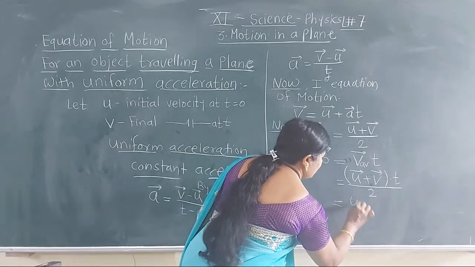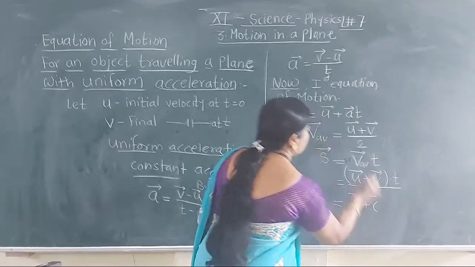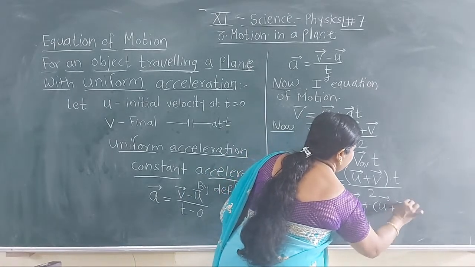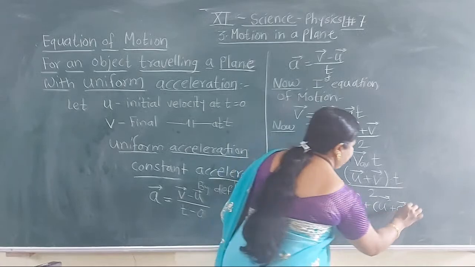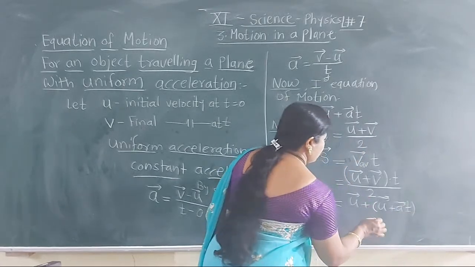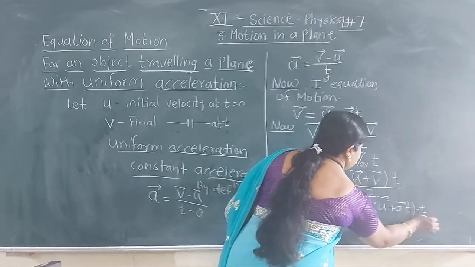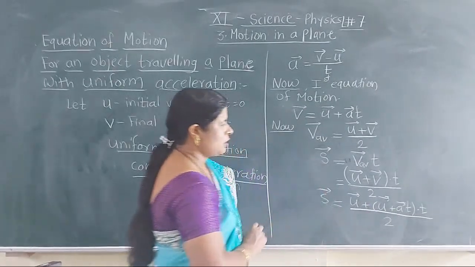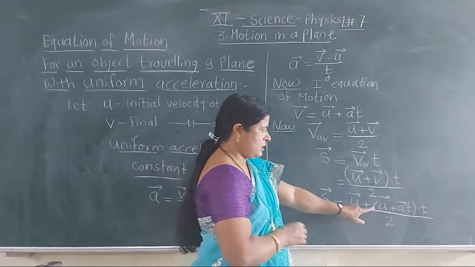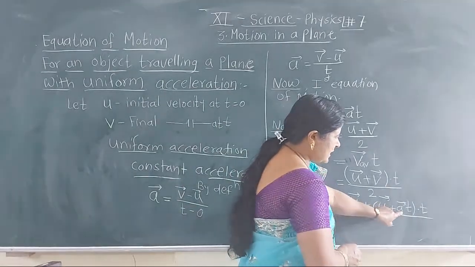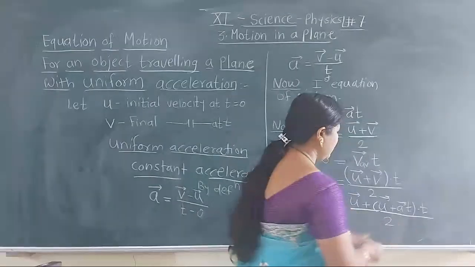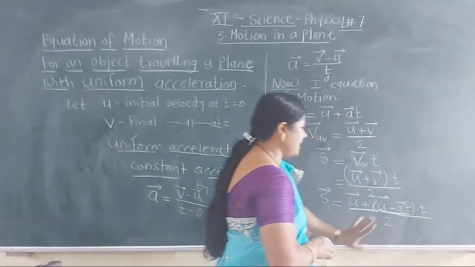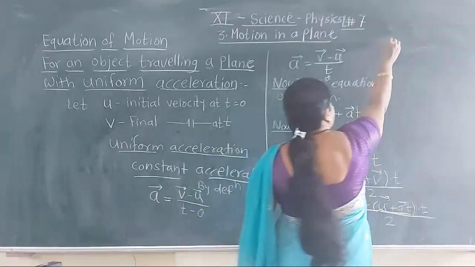Therefore, vector s is equal to vector u plus vector u plus vector a into t, this being the value of vector v, into t divided by 2. Now simplify this step.